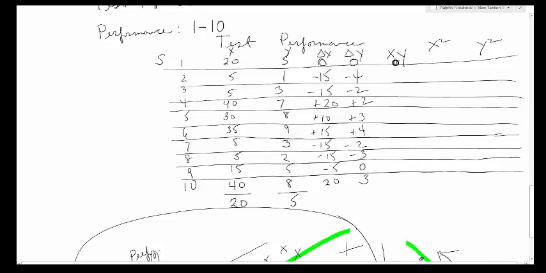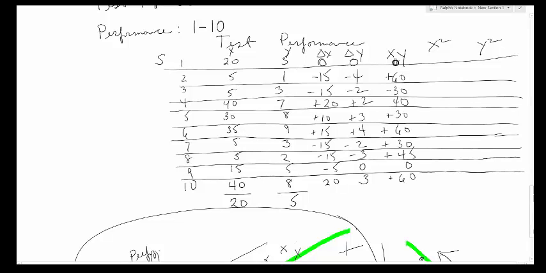And a minus 15 times a minus 4 is a plus 60. And a minus 15 and a minus 2 equals minus 30. And a plus 20 times a plus 2 equals 40. And I will do the rest.